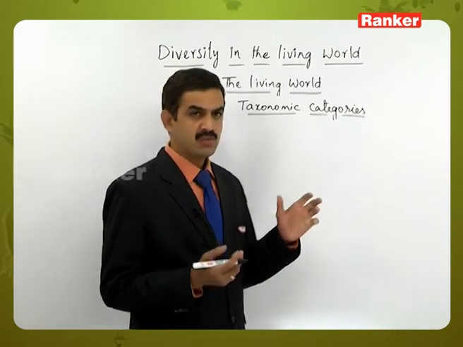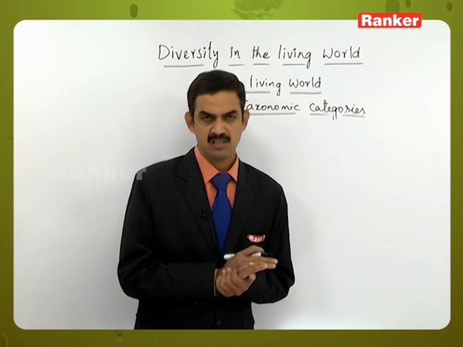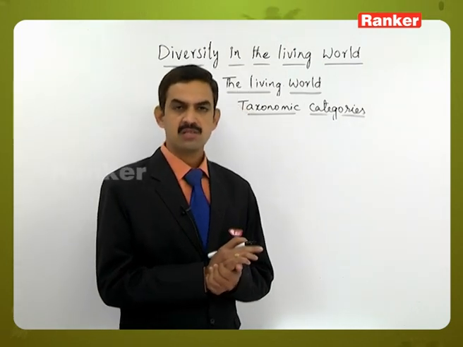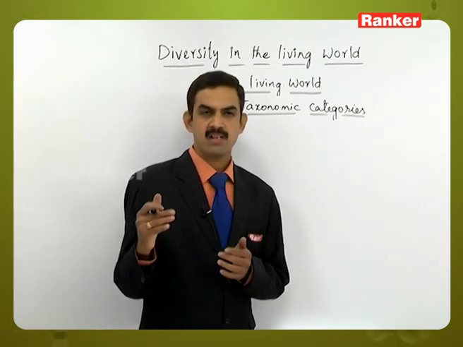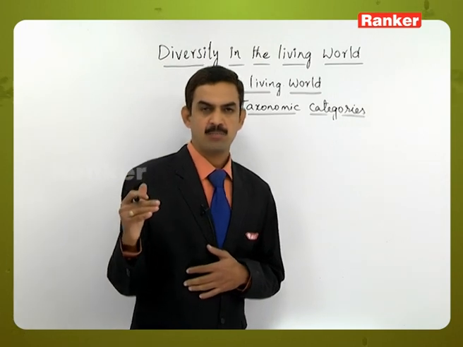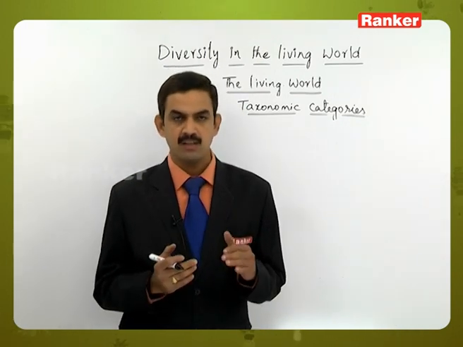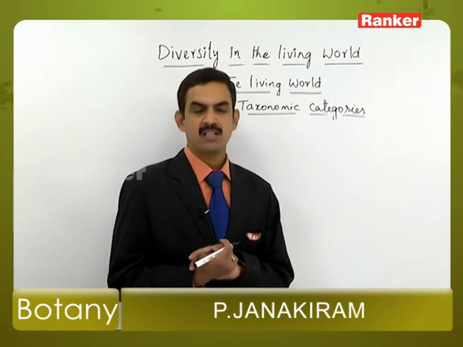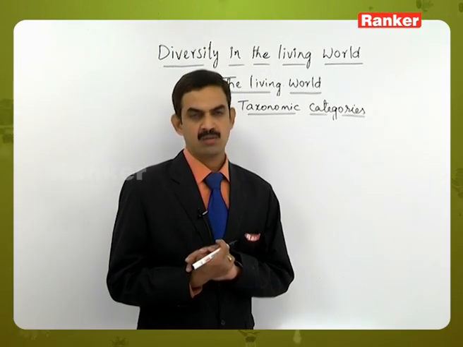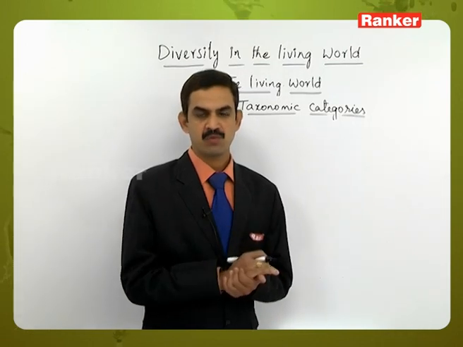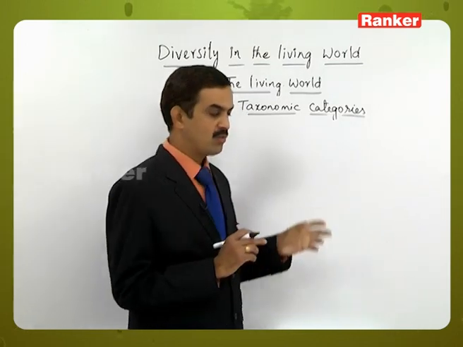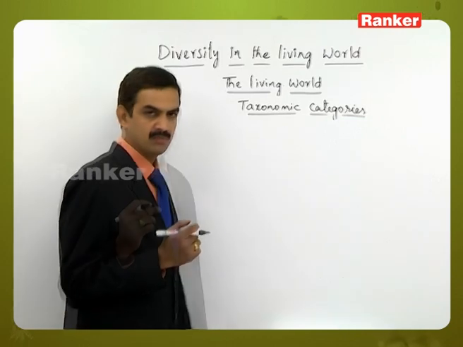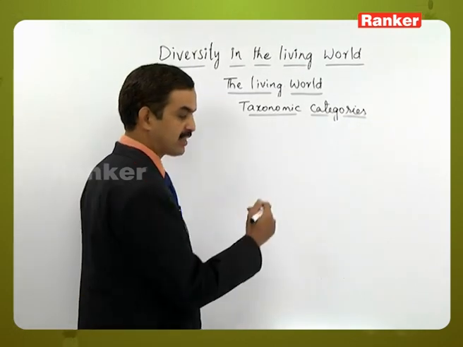In the taxonomic categories, from smallest to the largest, it is easy to identify the similarities in the lower categories, but when we are ascending up in the hierarchy, it is very difficult to correlate the similarities between the taxonomic categories. Now let us take the example of some plants and animals showing the taxonomic categories.